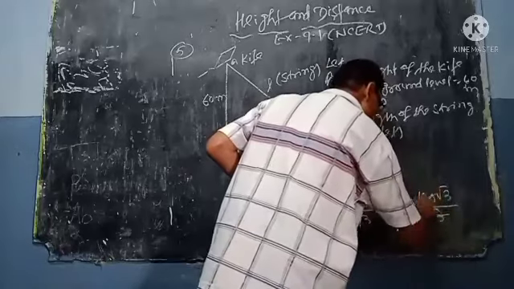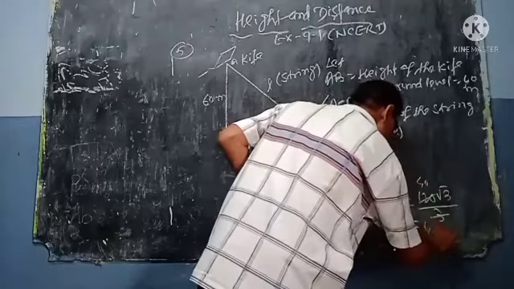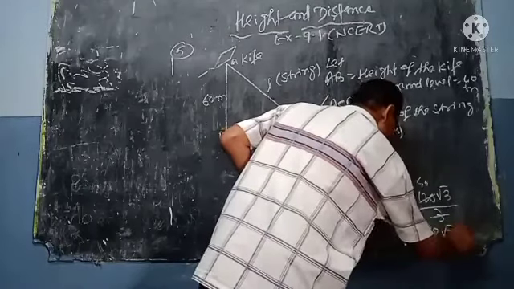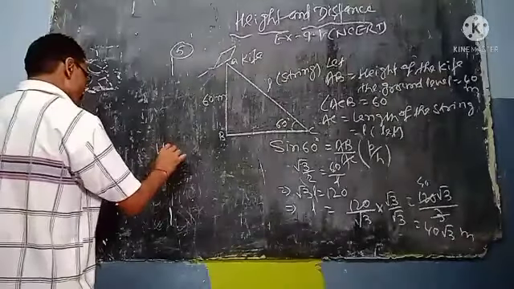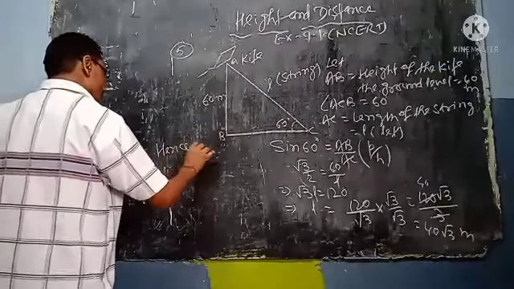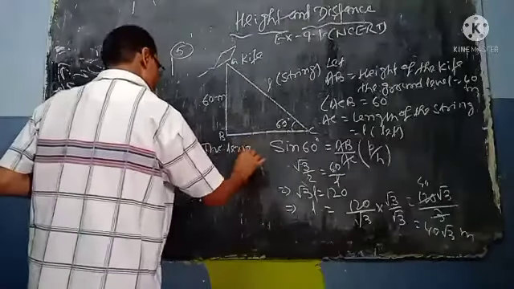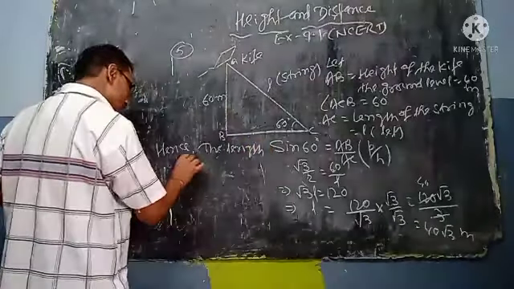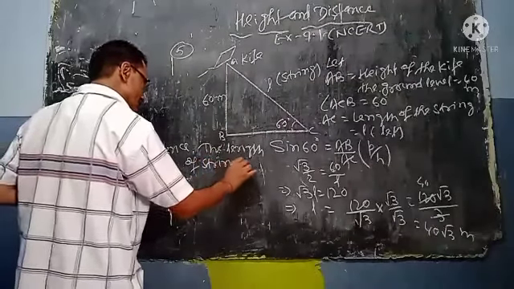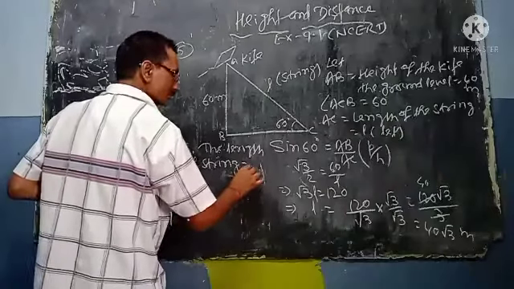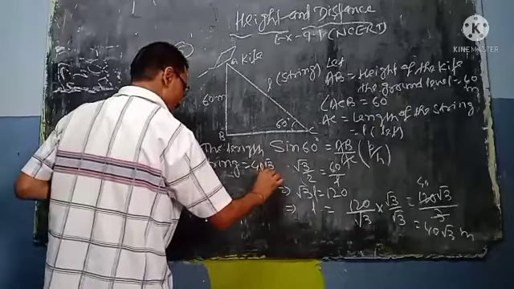So 120 by 3 means this is 40 root 3. And hence we can write, the length of the string which is used to fly the kite is equal to 40 root 3 meters.